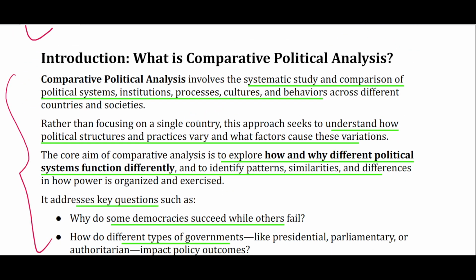So, comparative political analysis means a systematic study and comparison of political systems, institutions, processes, cultures, and behavior across different countries and societies. In other words, it means किस country में किस तरह की government है. If institutions such as judiciary, legislature, executive, bureaucracy are working properly, what kind of political processes are there?